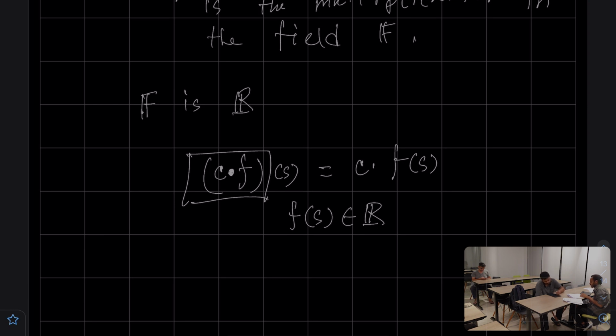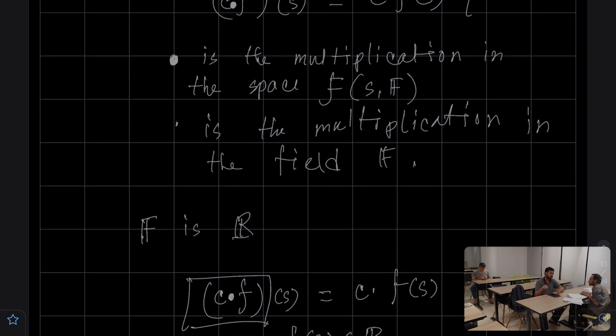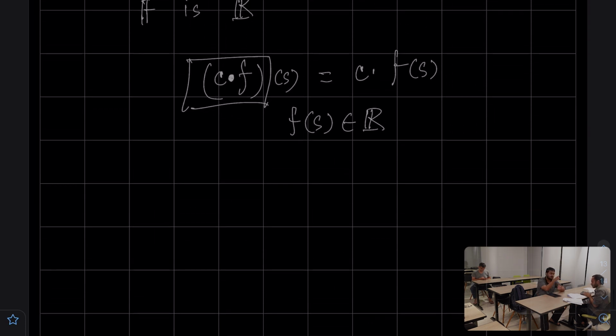Say that I'm representing f(s) with an arrow: in the first case I'm just extending the length, and in the second case you are mapping from one vector space to another vector space. So the idea is, can you show that this is actually a vector space?